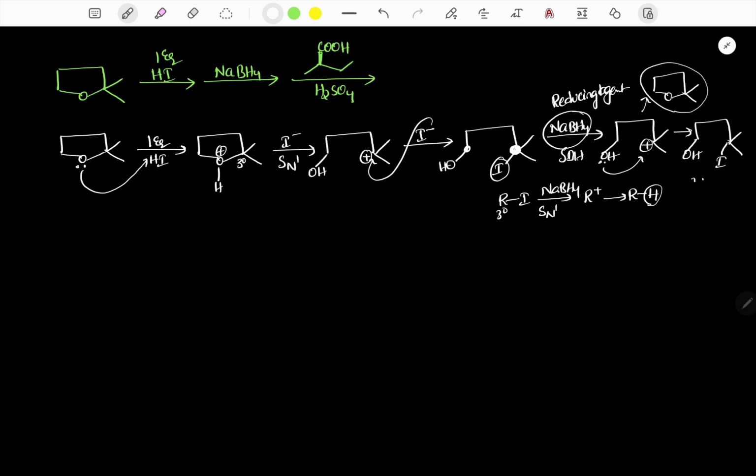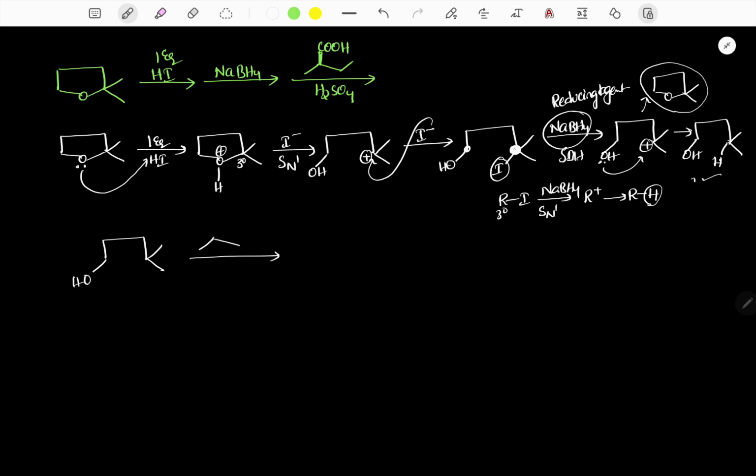That's why I am considering this one as our product. Not iodide, here hydrogen. So our product is simply a primary alcohol. Ether is also possible because it is intramolecular, but to continue the next reaction we have to take the minor compound.